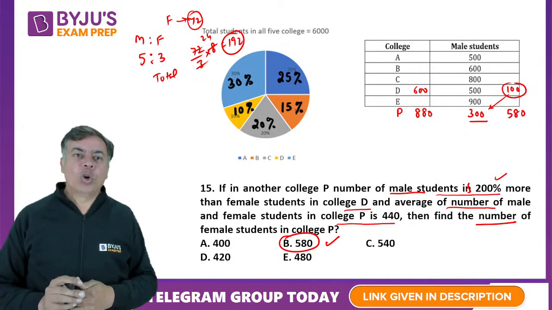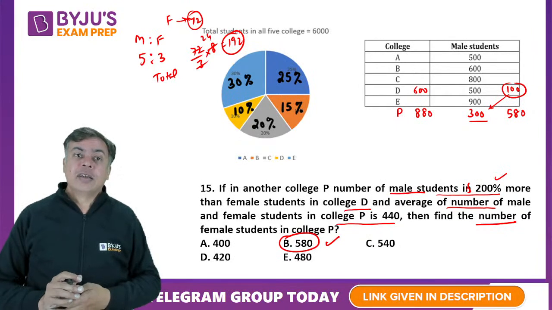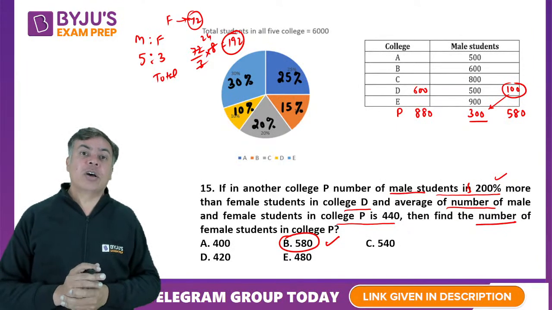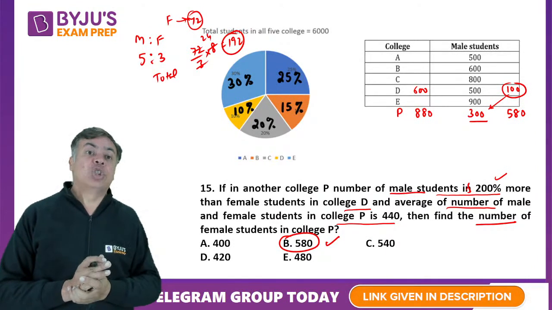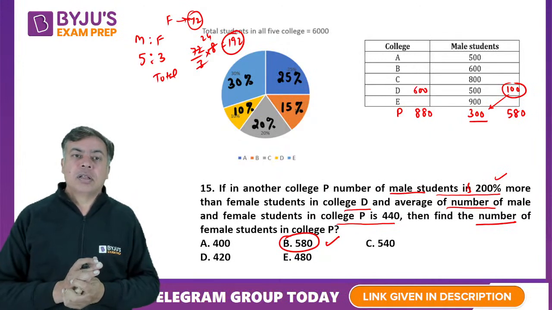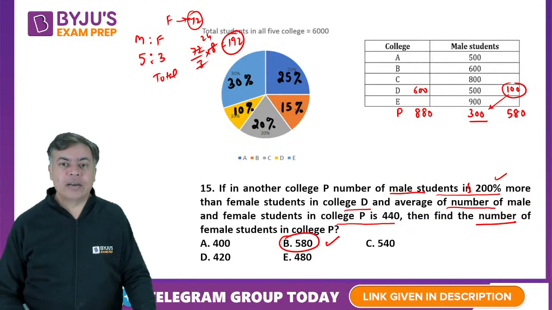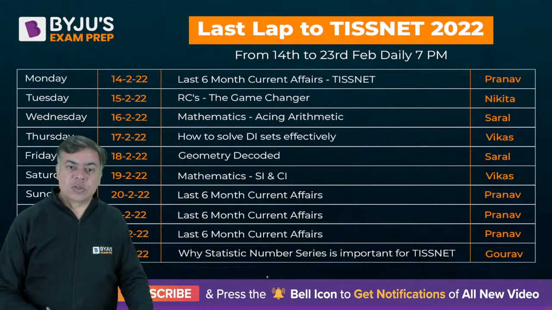So don't go by the sum of all divided by 7 or 6. It should be done smartly. I think you must have used the assumed mean method in your statistics. If you want to calculate the average of certain values, how do you do it? Let's do this. This was the last question.